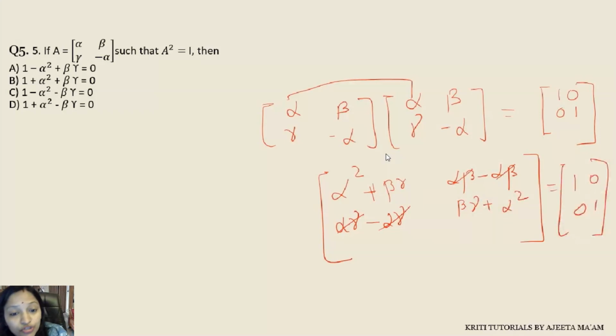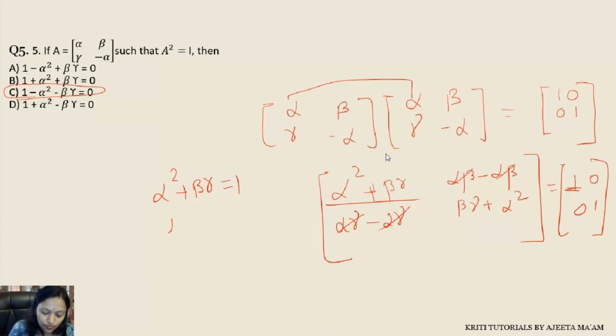Now tell me which condition is true. See the options and tell me carefully. What will you go for? Correct? If I put alpha square plus beta gamma is equal to 1, correct? Both give the same answer. No worries. So what will you get? 1 minus alpha square minus beta gamma is 0. Correct? So this is how we go for it.